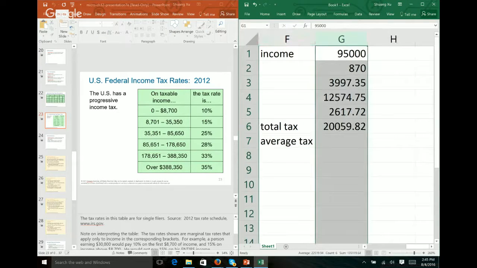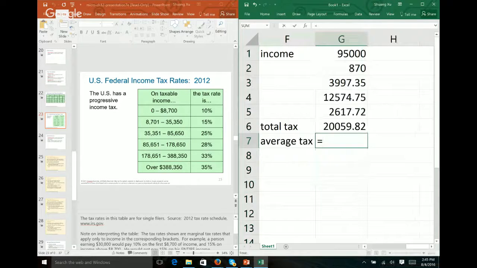Your average tax is going to be the $20,059.82, how much tax you pay, total tax divided by total income, 95,000. Then your average tax rate is about 21.1%. Okay, so that's how you do it. Go through each bracket. Don't miss any numbers. If you miss any number, you get it wrong.